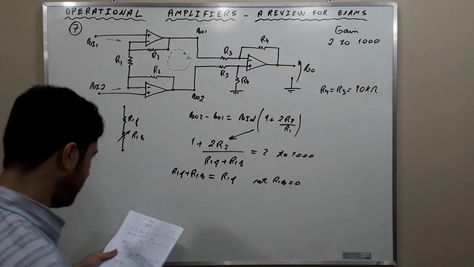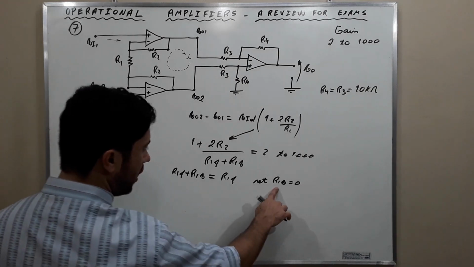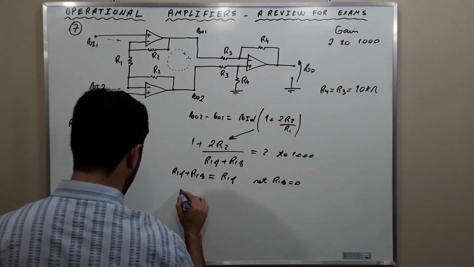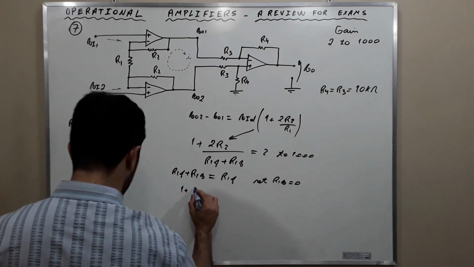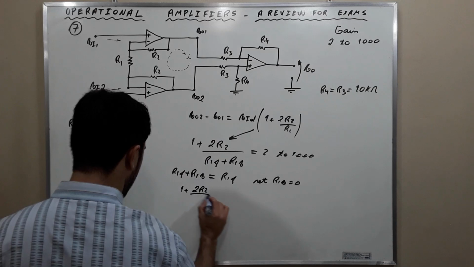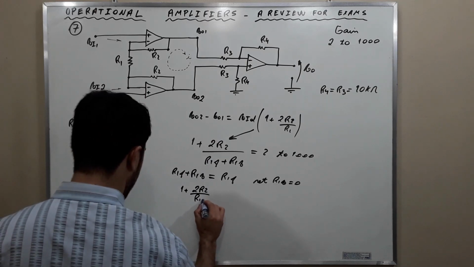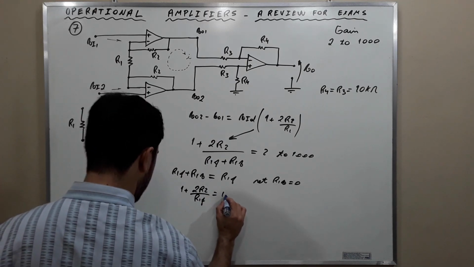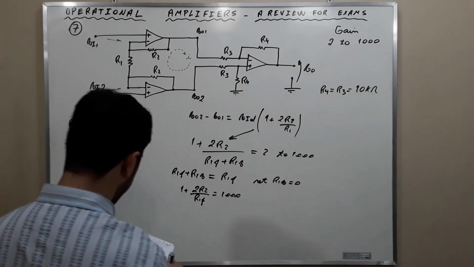So when R1V is 0, 1 plus 2R2 over R1F is equal to 1,000.